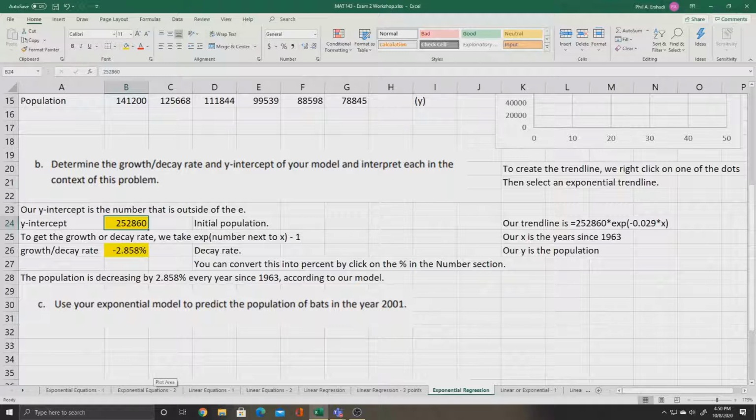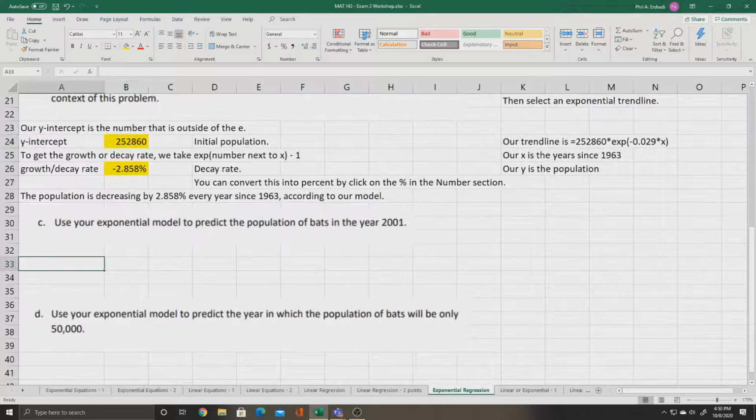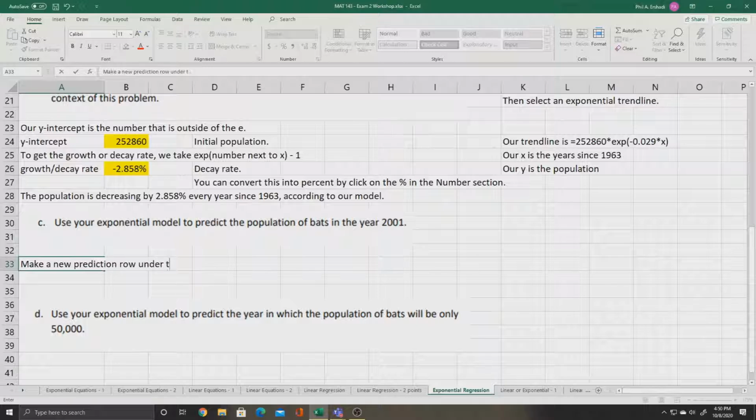Now for part C, we are asked to use that exponential model we just found to predict the population of bats in the year 2001. So here's what we need to do. We need to make a new prediction row under the y values and enter our exponential regression equation.